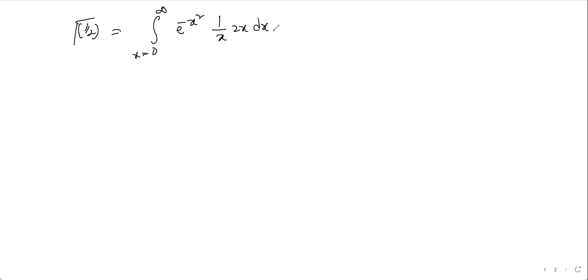After simplification, this is 2 times the integral from 0 to infinity of e to the power of minus x square dx. This is gamma half.